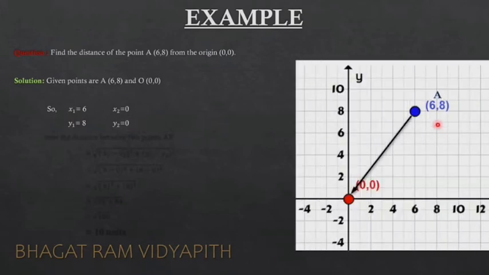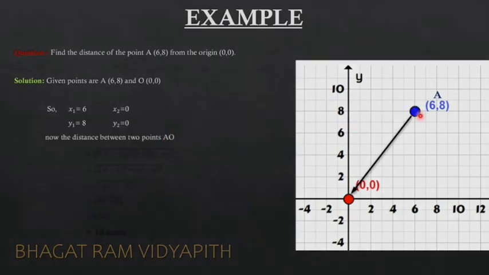Plotting this over the graph, we see on the x and y axis, one point is the origin O (0, 0). The point A is 6 units and 8 units, which meet here, at 6 and 8.